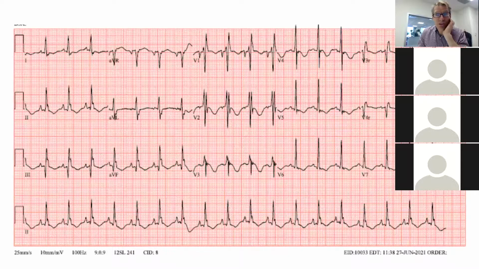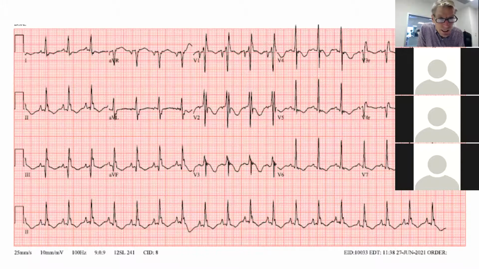Okay, this is an ECG that I thought was useful to show. Let's go through this and see if we can diagnose what's going on. So what's the rate here? Remember we said the rate was 300 divided by the number of large squares.